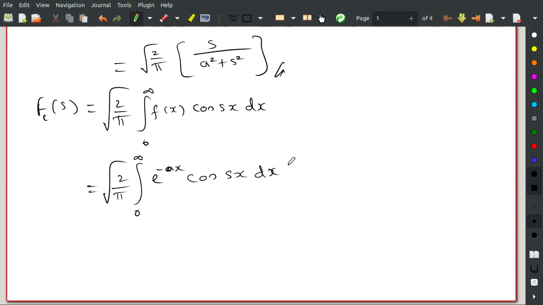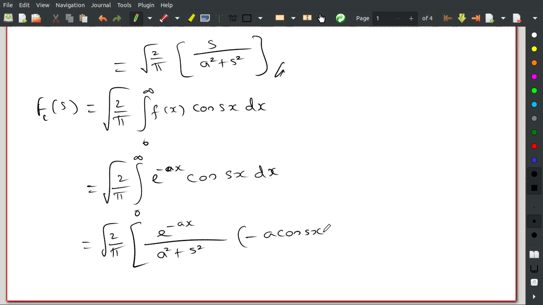Okay, again this is a standard integral, therefore we have root 2 by pi of e power minus ax divided by a square plus s square of minus a cos sx plus s sine sx. Okay, and the limit is from 0 to infinity.